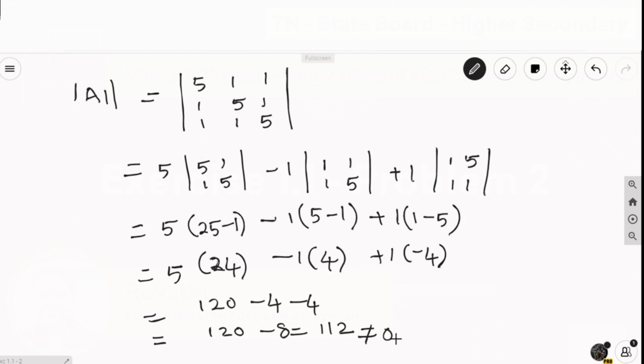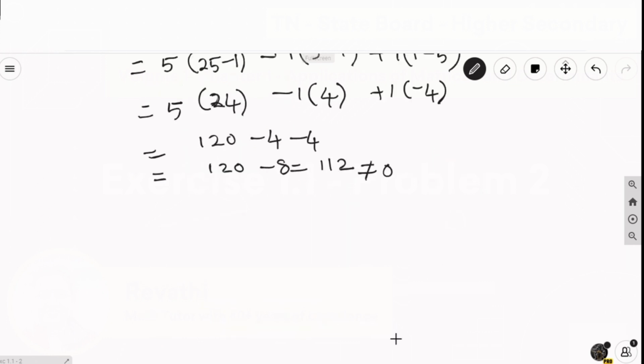So this is a non-singular matrix. If the value of the determinant is 0, just stop the sum. This is a singular matrix, inverse doesn't exist. Here this is not equal to 0. Here since A is non-singular, A inverse exists. This line is very important, it should be mentioned in your exam.